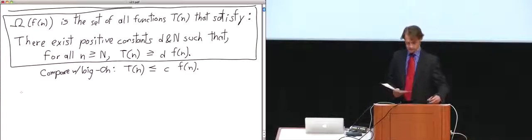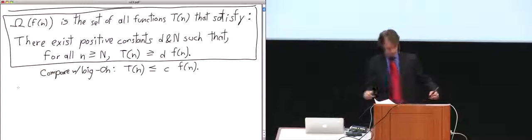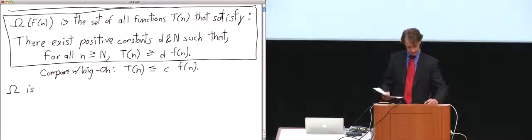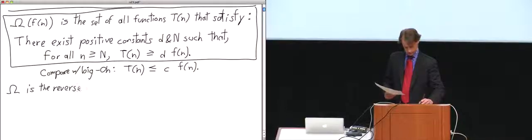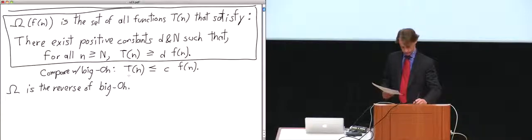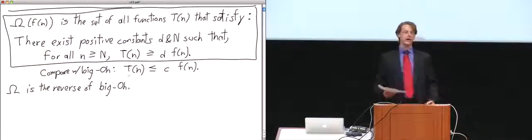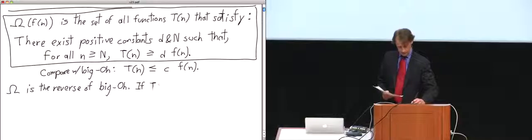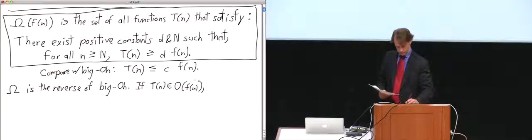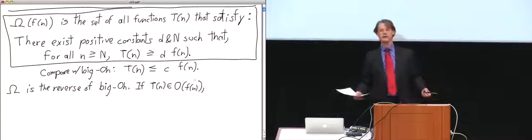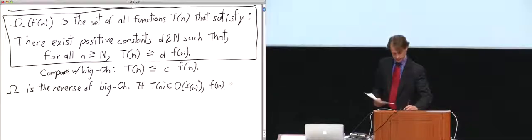So another way to think of this is that omega is the reverse of big O. And what I mean by that is that if you have a function that's in big O of another function, then the second function is in big omega of the first function.